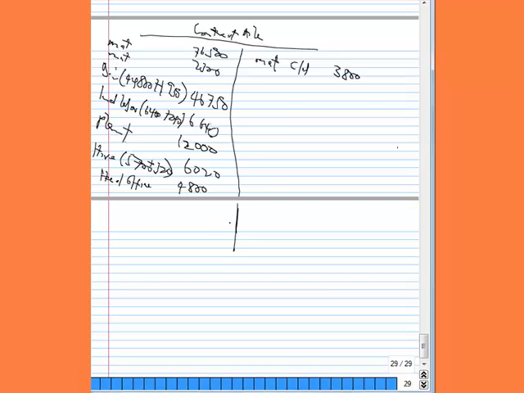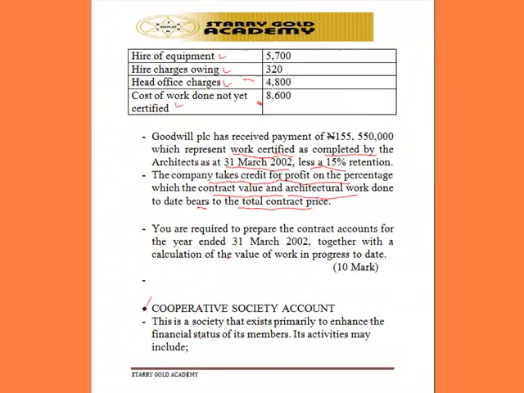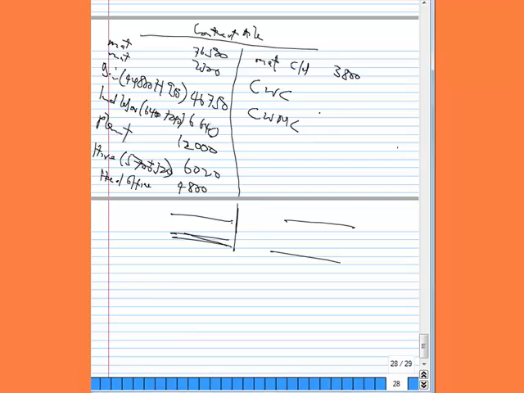Now this cost of work done to date is divided into two: cost of work certified and cost of work not certified. The two make up the cost of work done to date. So let's look at the account again. We were given the cost of work done not certified, which is 8,600.